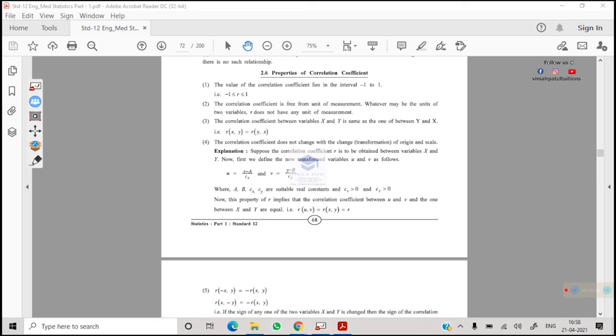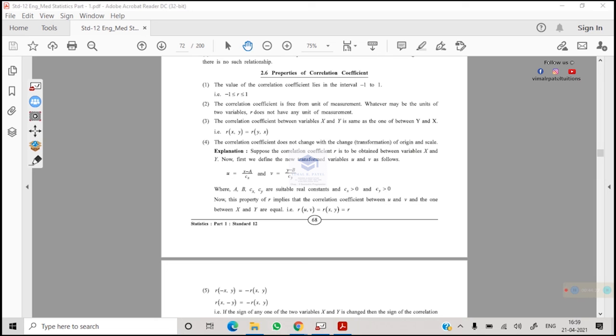If you are adding the same number to all values of x, or dividing all the values of x by the same number, or multiplying with the same number, or subtracting the same value from all the observations, but the condition is that whatever operation you perform should be performed on all the observations, then also the answer is going to be unchanged. So whatever formula you are using, the answer is going to be the same.